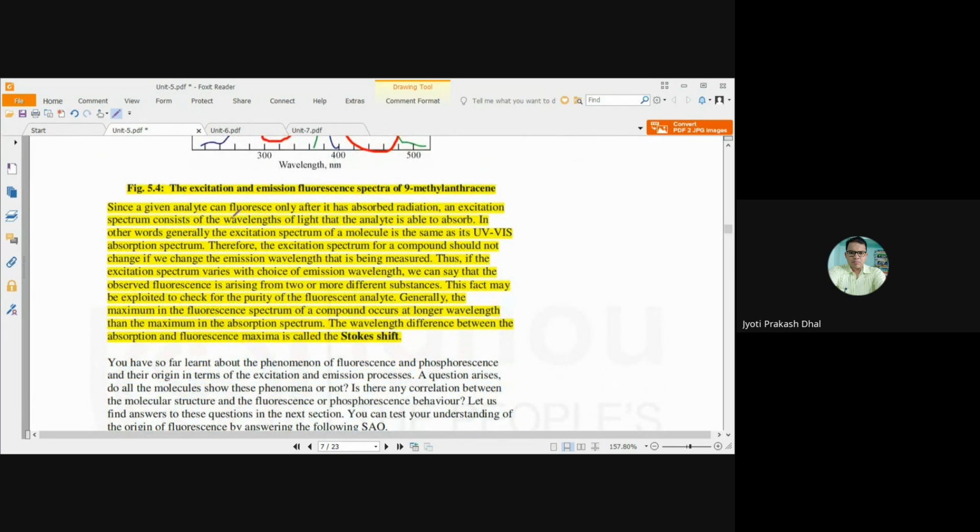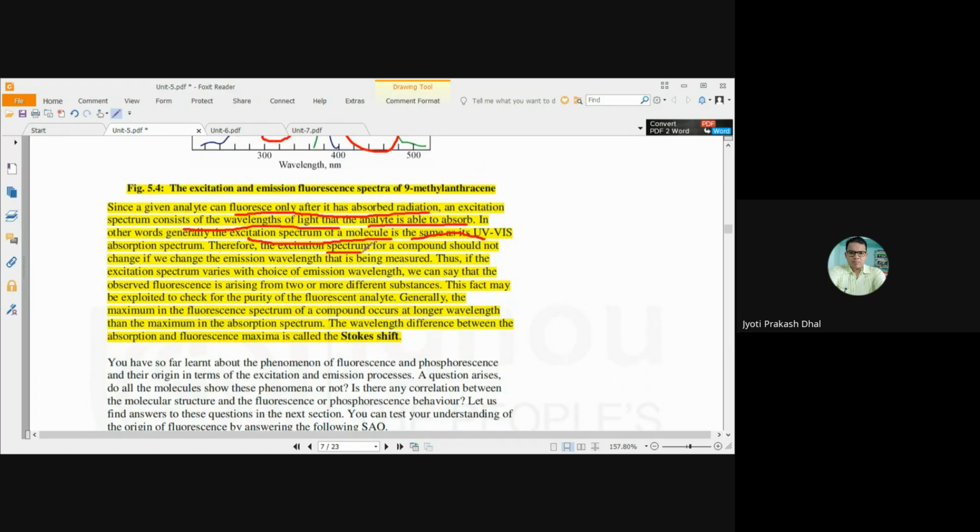Since a given analyte can fluoresce only after it absorbs the radiation, the excitation spectrum consists of wavelengths of light that the analyte is able to absorb. In other words, generally the excitation spectrum of a molecule is the same as the UV visible absorption spectrum.